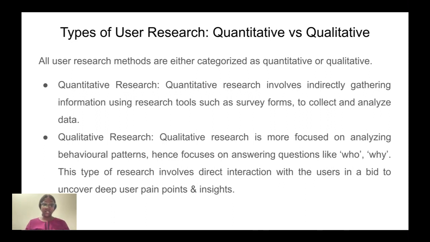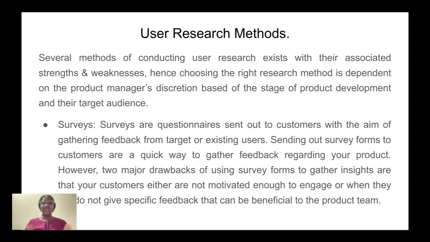So that's qualitative research. Now, what are user research methods? There are several methods for conducting user research, and they all have their associated strengths and weaknesses. Choosing the right research method is really dependent on the product manager's discretion based on the stage of product development and their target audience.